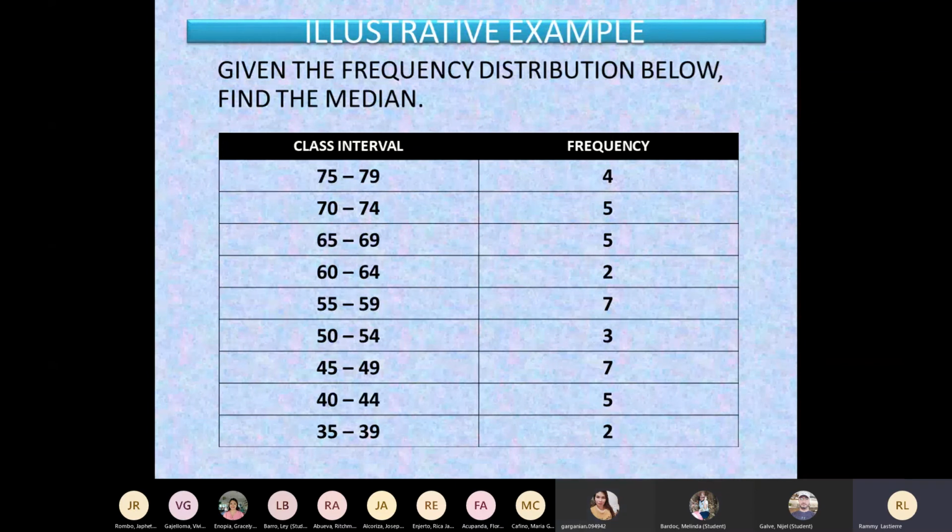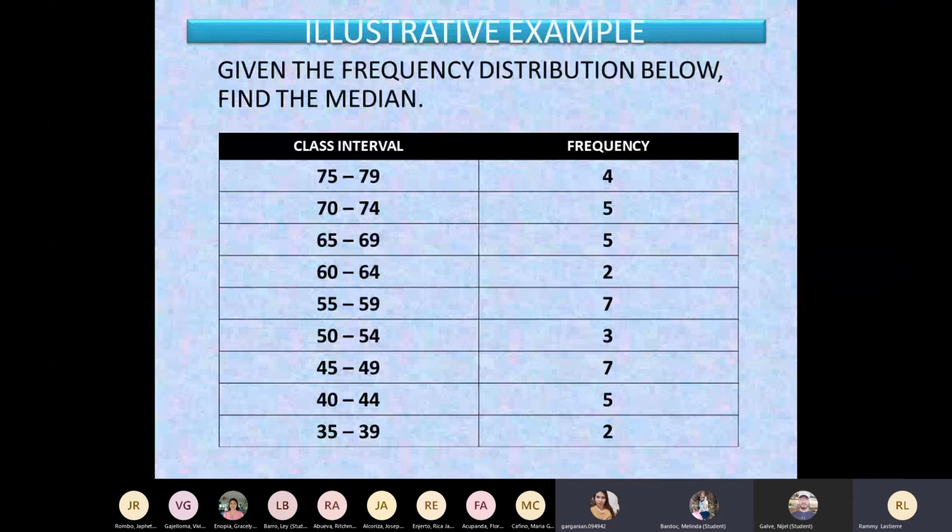Now, as I have said, since we are going to solve the median using grouped data from the given frequency distribution table, determine the median class. To determine the median class, we need the value of N divided by 2.